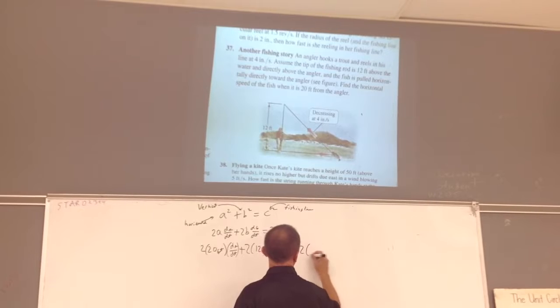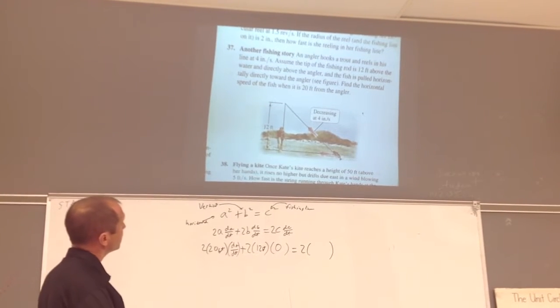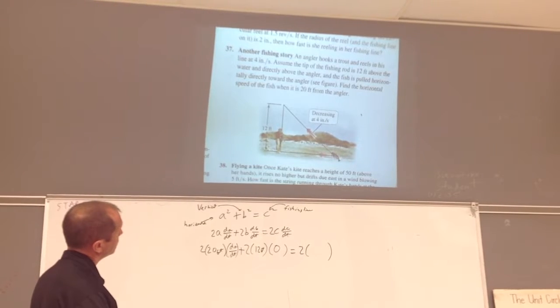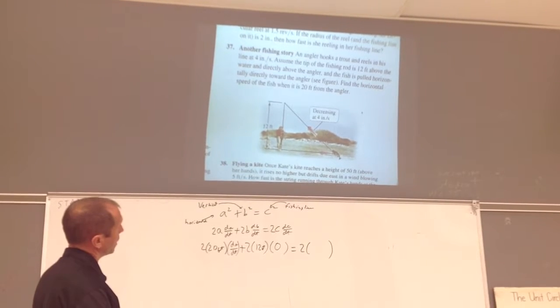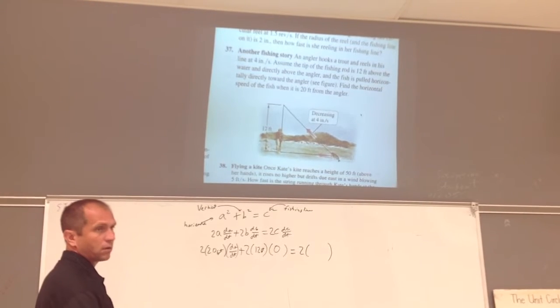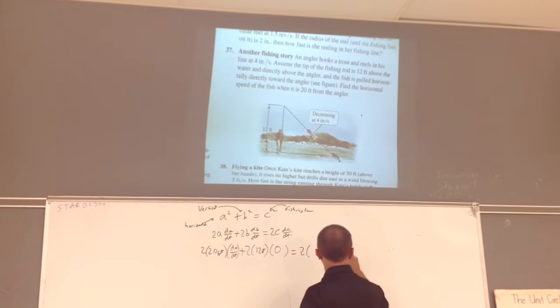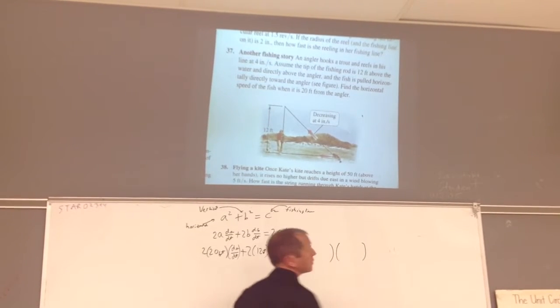Equals 2 times, alright? Now, what is my c value here? The length of my line. I don't know it, do I? Alright, at what rate am I pulling in the line, though? 4 inches per second.